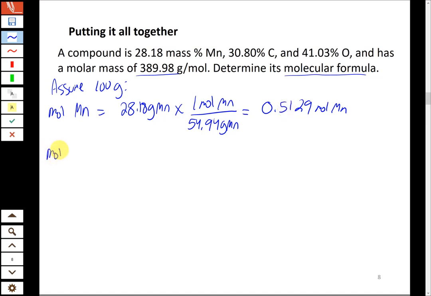For carbon, we'll do the same thing. It's 30.80% carbon. So we have 30.80 grams of carbon.